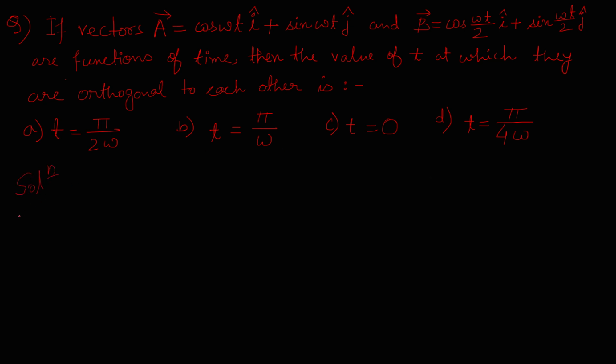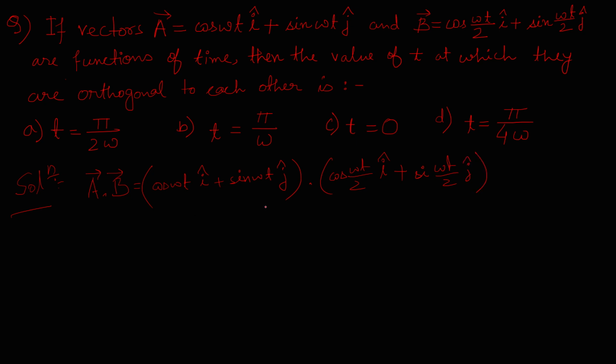Solution. So A dot B is what? Let me find the dot product. A is cos of omega t i cap plus sine of omega t j cap. B is cos of omega t by 2 i cap plus sine of omega t by 2 j cap.